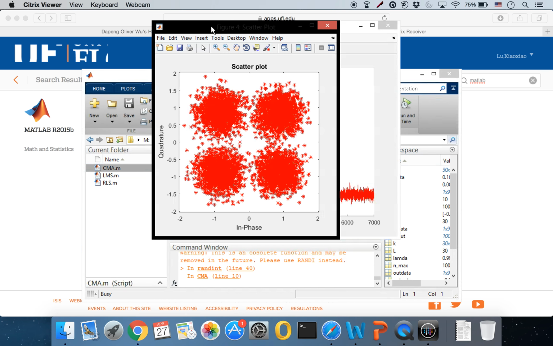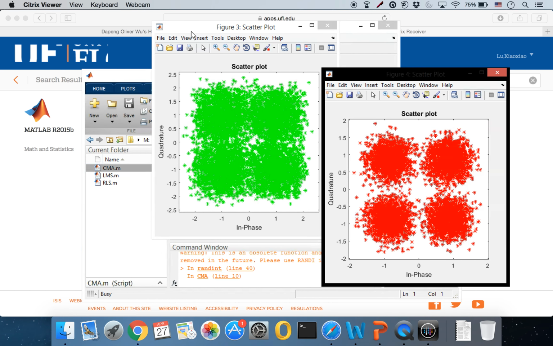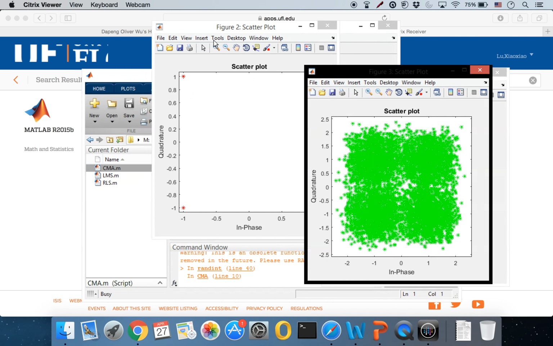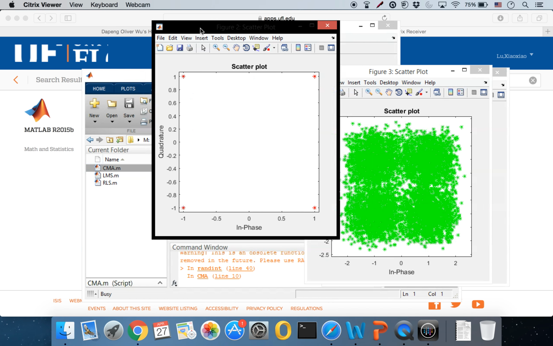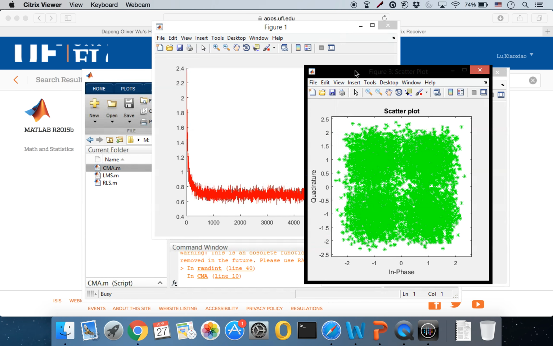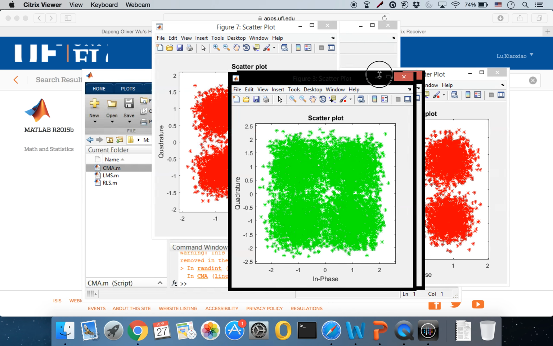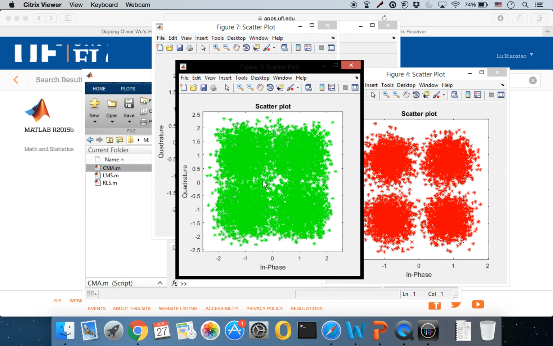Here are the simulation results. This picture is the input signal, which is an ideal QAM modulation signal. And the green one is the output signal before the adaptive equalizer.